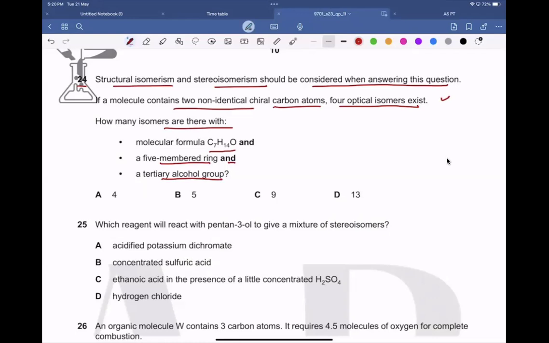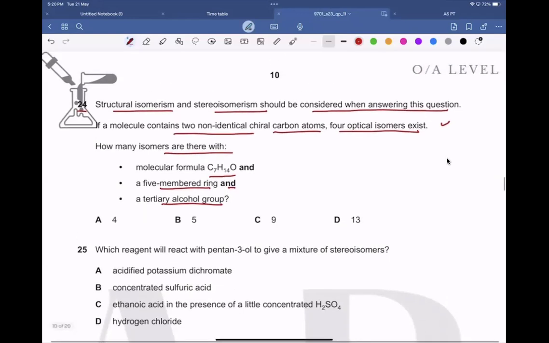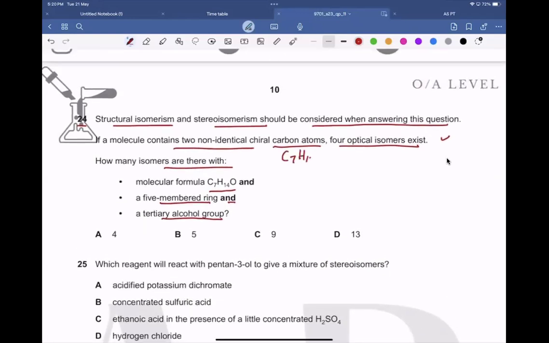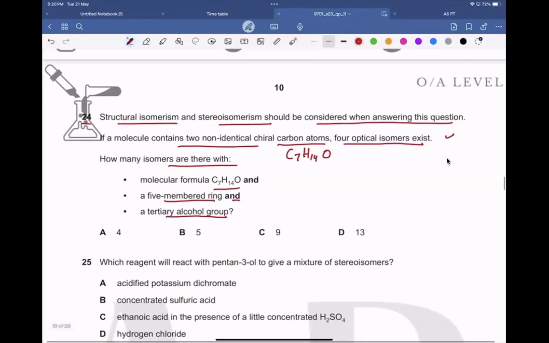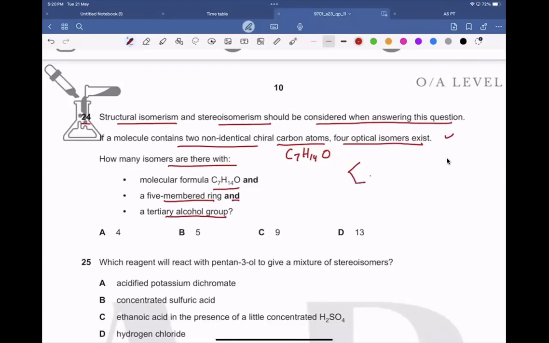So they have given you the molecular formula C7H14O, one thing. The second thing, it must have a 5-membered ring. I have made 5 carbons. There is a possibility that the 6th and 7th carbon are here.